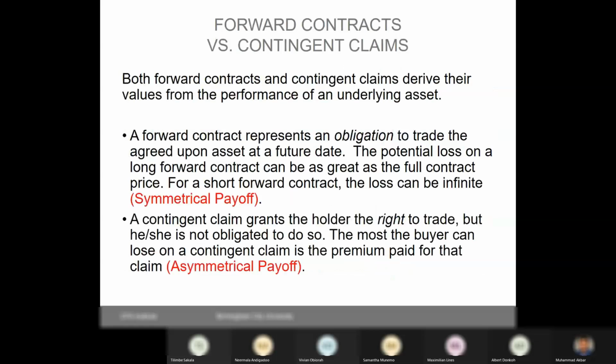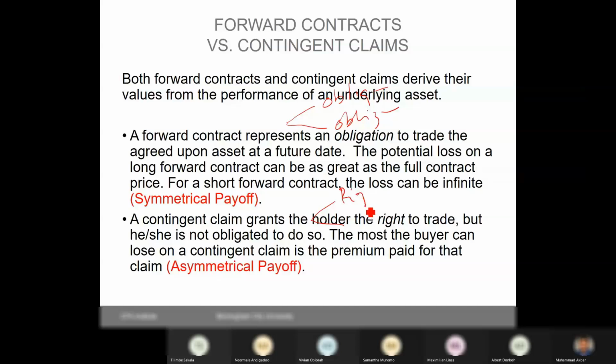Now, we discussed the two types of derivatives, the forward commitments and the contingent claim. And we said that in the forward commitments both the parties are obligated. So the buyer has the obligation and the seller has the obligation. In the contingent claim, we said that the buyer has the right, whether call option or put option, and the seller has the obligation, whether call option or put option.